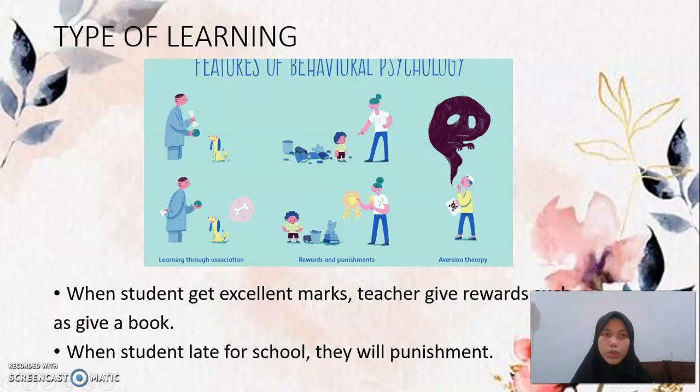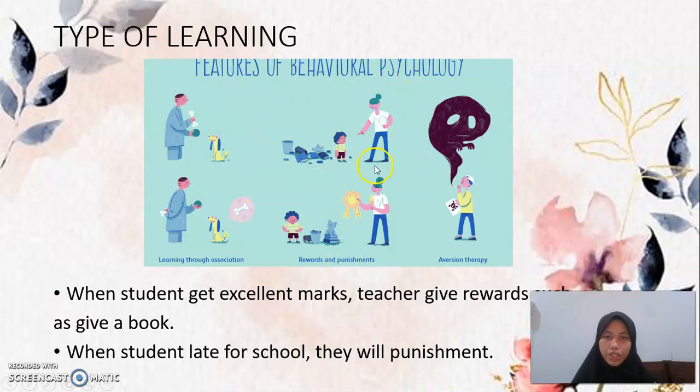As we can see in the picture, the types of learning are learning through association, reward and punishment, and aversion therapy. I will talk about reward and punisher and learning through association only. First, reward and punishment.